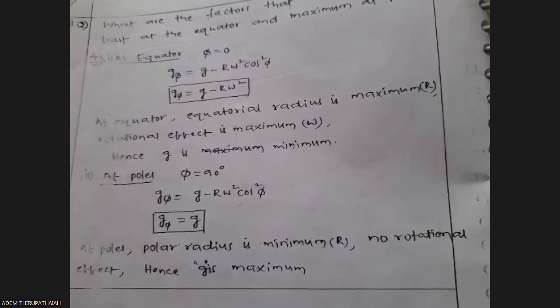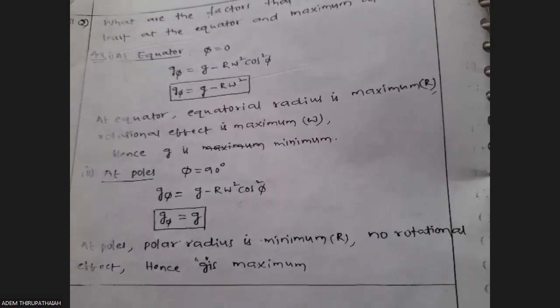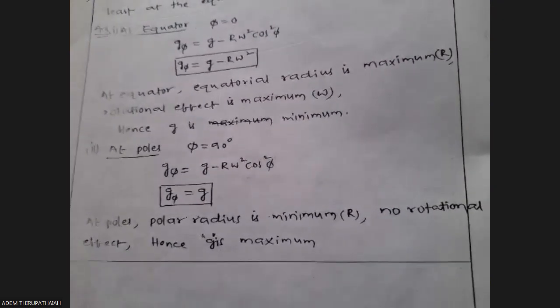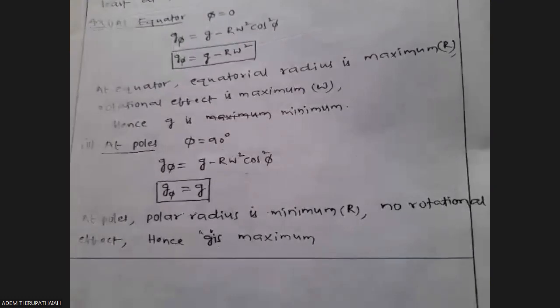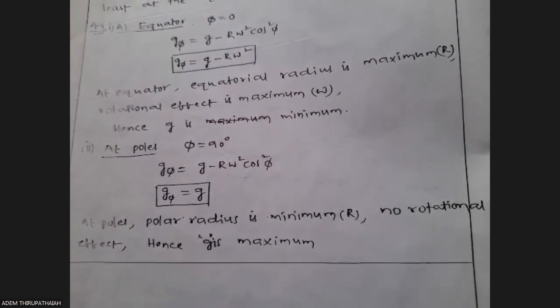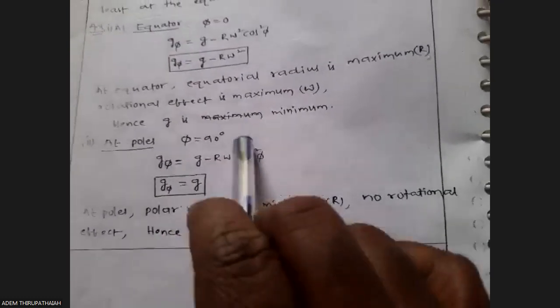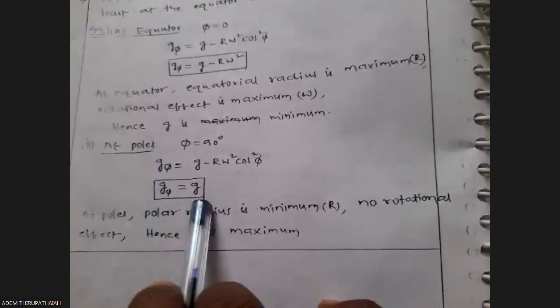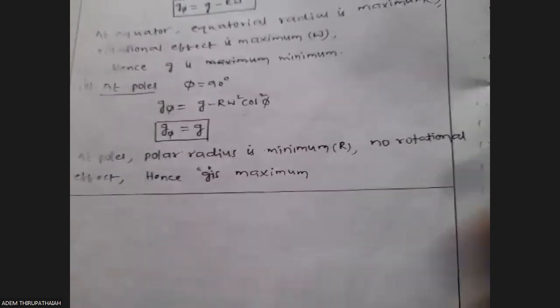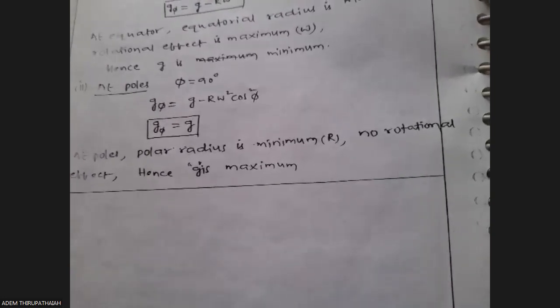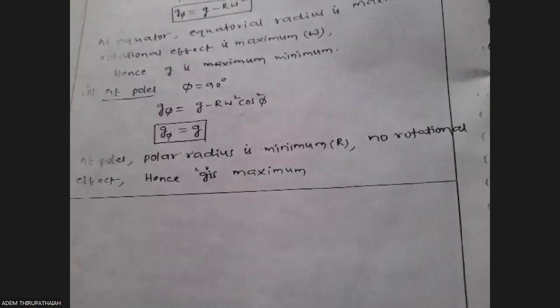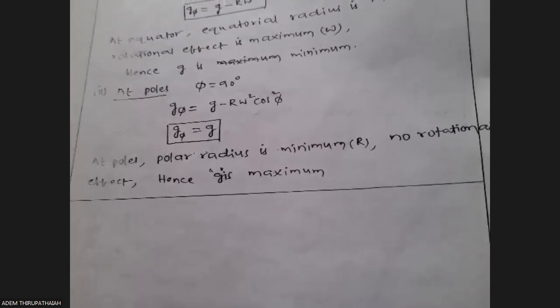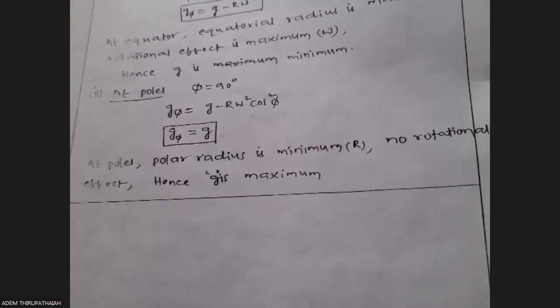At the equator the radius is maximum and the rotational effect is maximum. At the poles, phi is equal to 90 degrees, cos 90 is 0, so g_phi is equal to g. At the pole, the polar radius is minimum and there is no rotational effect. Hence g is maximum.